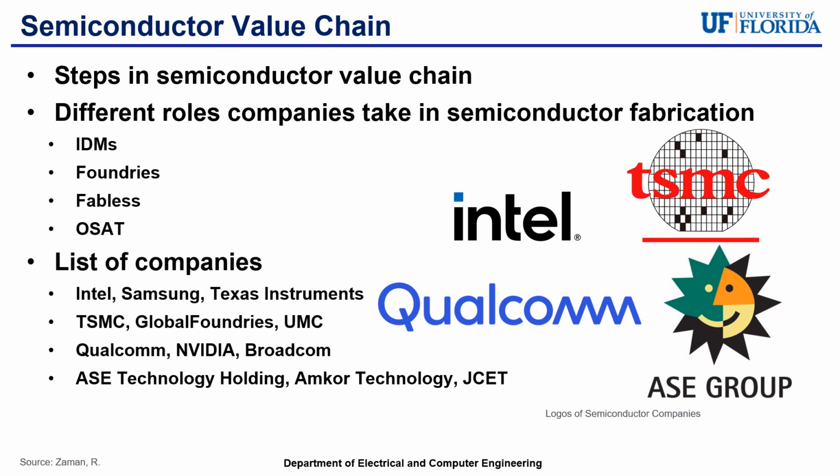Understanding the roles these companies play is important because it highlights the complexity and collaboration required to produce the semiconductors that are used right now in our electronic devices. Each company works in a critical part of the semiconductor value chain, ensuring that from concept to final product, the process is seamless and efficient.